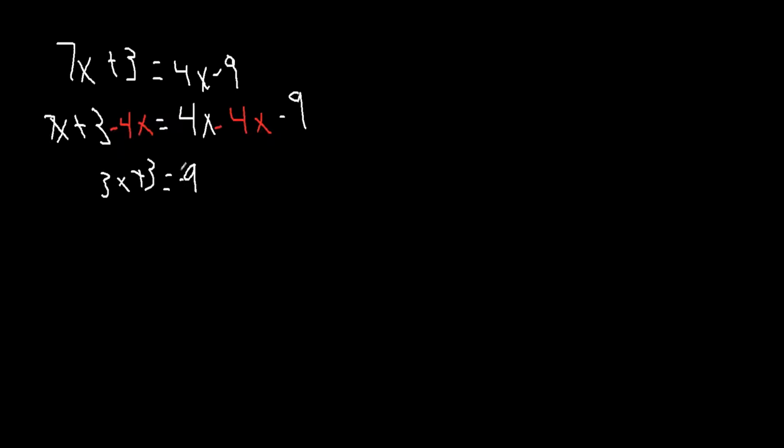Now our 3 can be moved to this side of the equation. So we have 3x plus 3 minus 3 equals negative 9 minus 3.